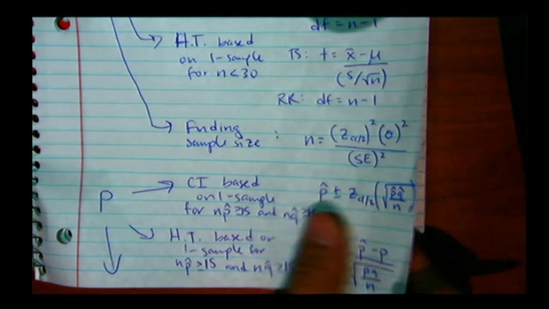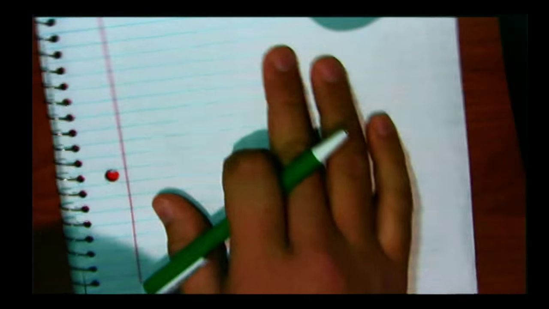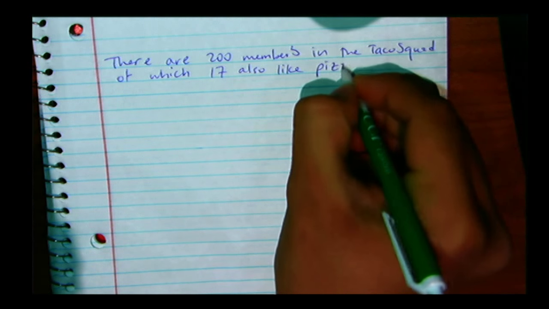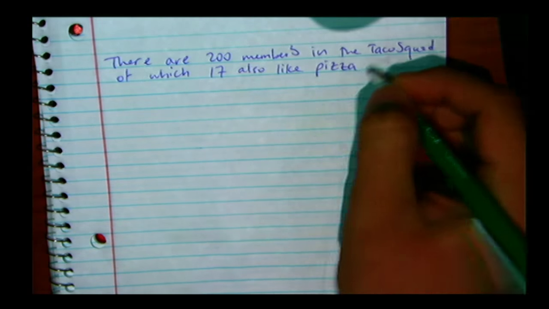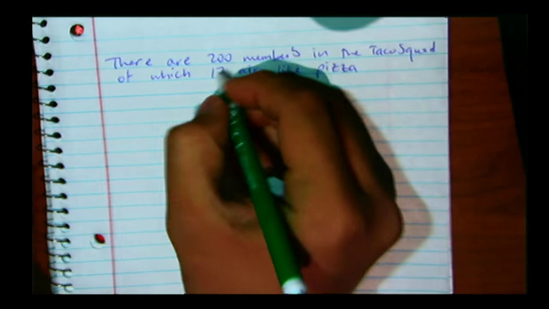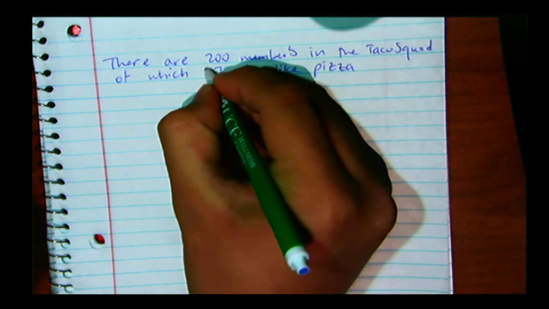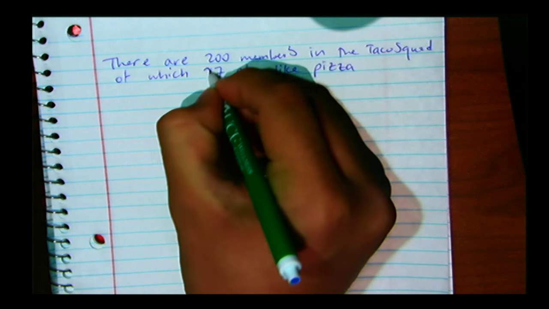All right, say, for example, there are 200. Actually, no, let's make that 27. Sounds a little bit more reasonable. Let's make that 27. I also like pizza. All right.